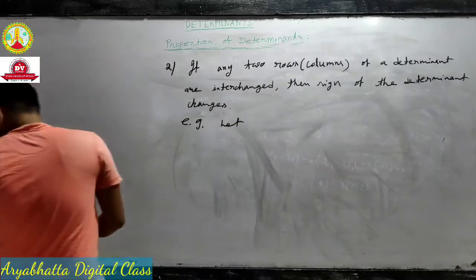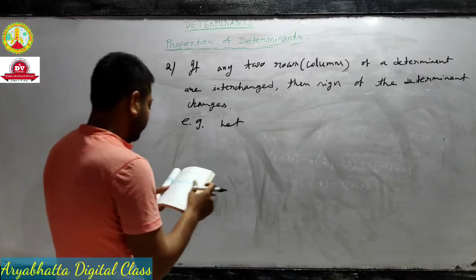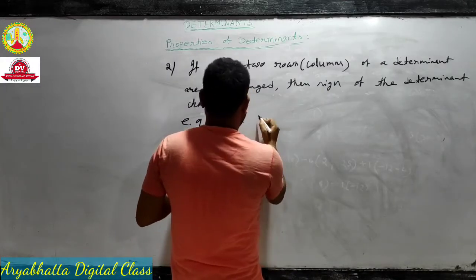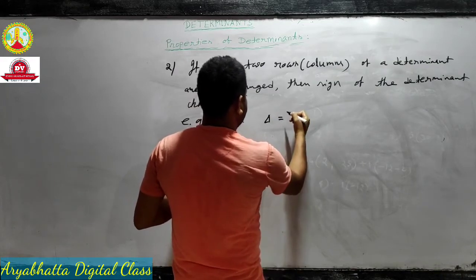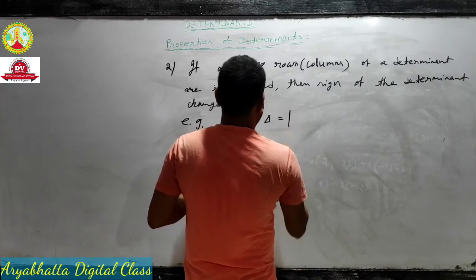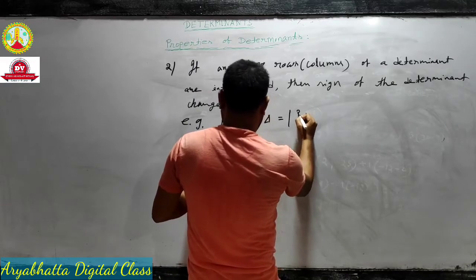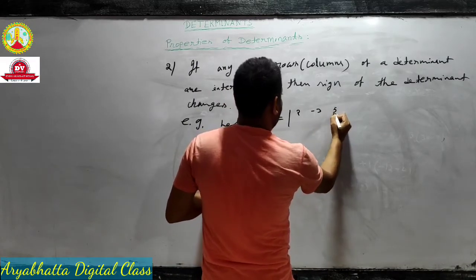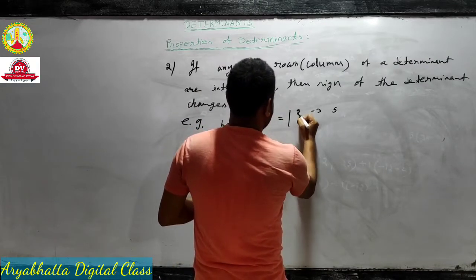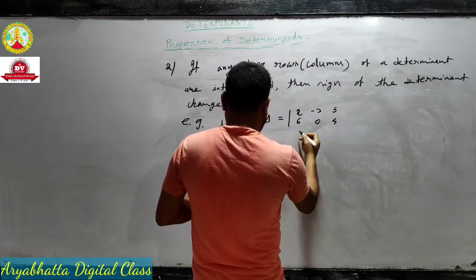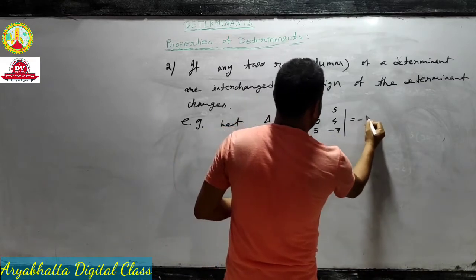Let delta be equal to the determinant with rows 2, minus 3, 5; 6, 0, 4; 1, 5, minus 7. This is equal to minus 28.